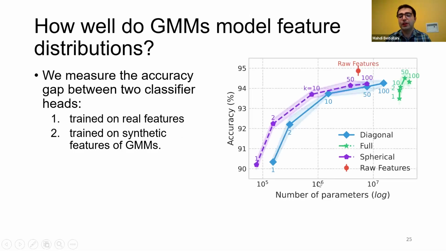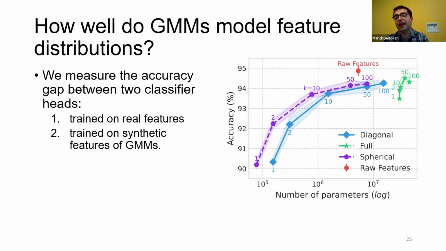This figure shows the accuracy of different types of GMMs, and the x-axis represents the number of parameters we need to transfer these GMMs. Interestingly, we find that as you add more mixtures, you get a better representation of the real features, right? And we see a trade-off between the number of parameters and the effectiveness of GMMs.